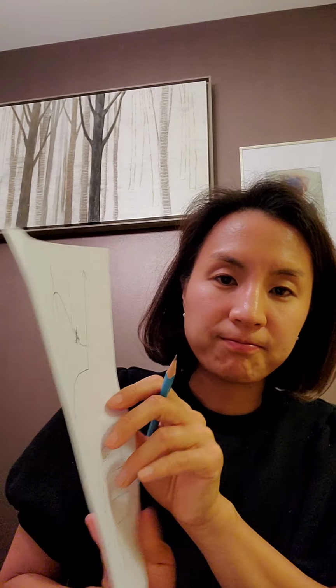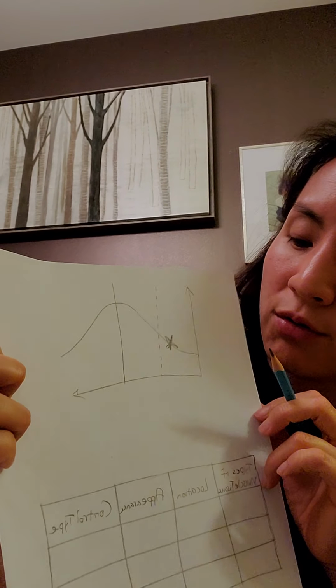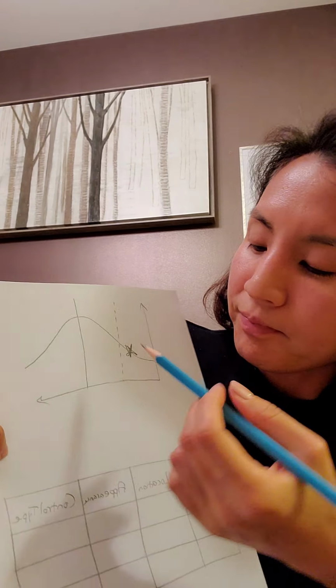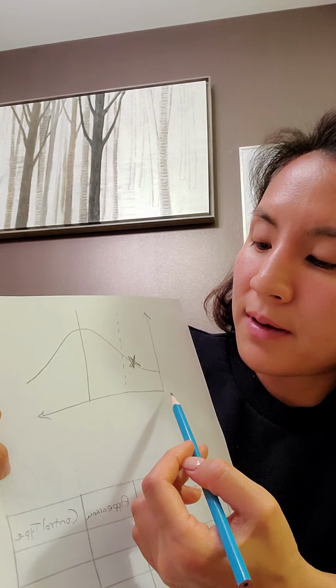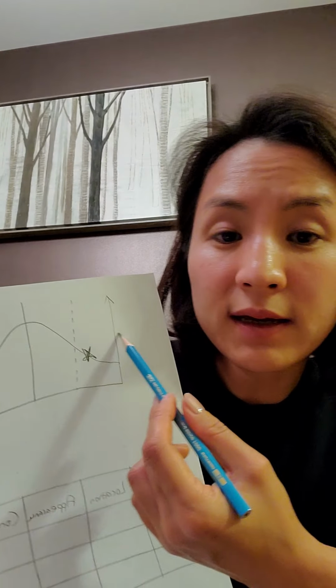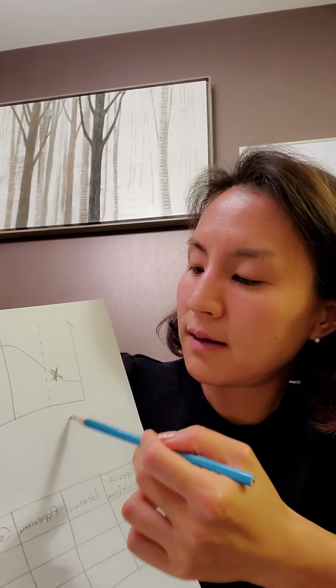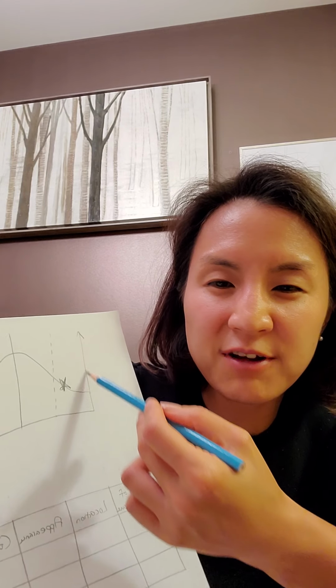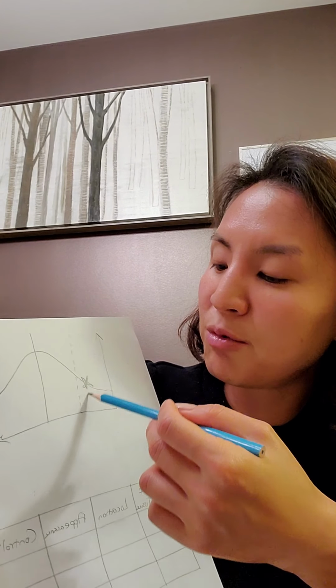So there is a little diagram I drew. The x-axis is time, and the y-axis is the muscle tension. Here is a kind of latent period, where they are getting ready for the action, and then there is a stimulus.